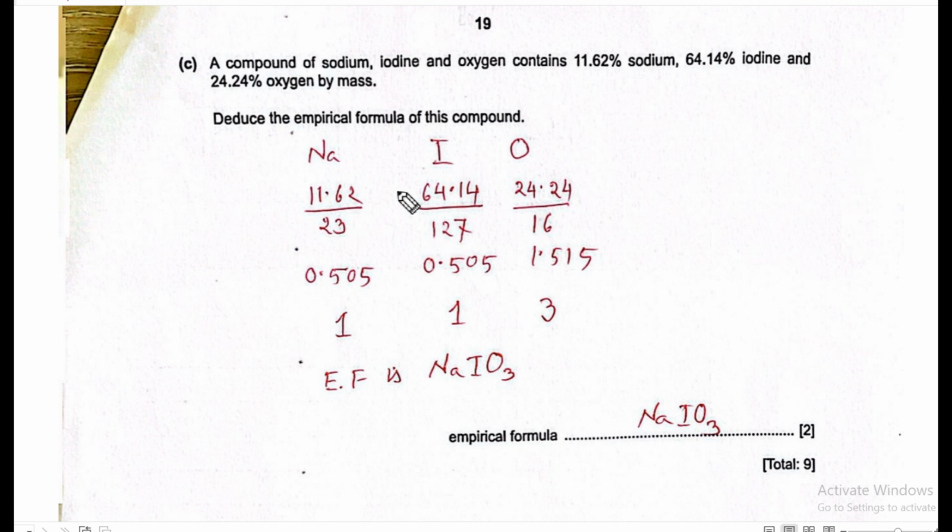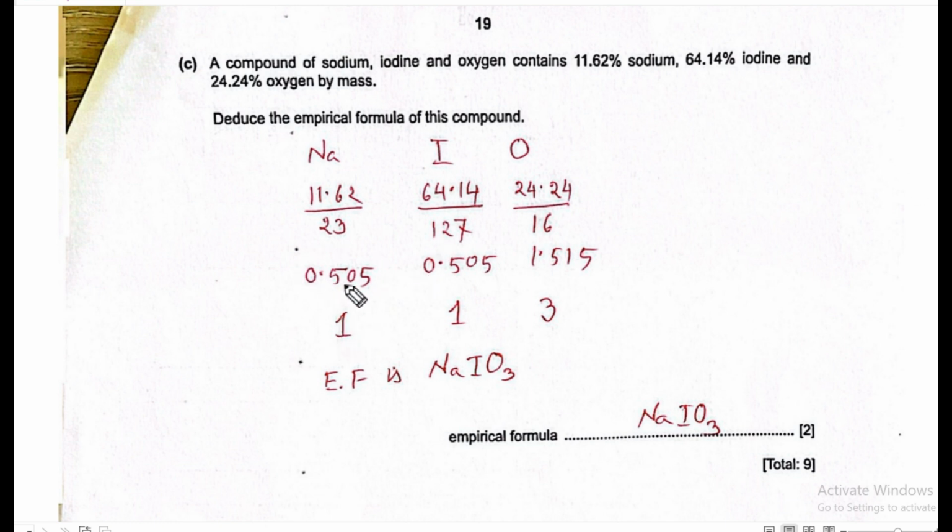First you will divide their percentage by mass by their relative atomic mass. You will get these values. After that you will divide by the smallest one. Of these three values, 0.505 is the smallest. So if you divide all values by the smallest one, you will get this 1.